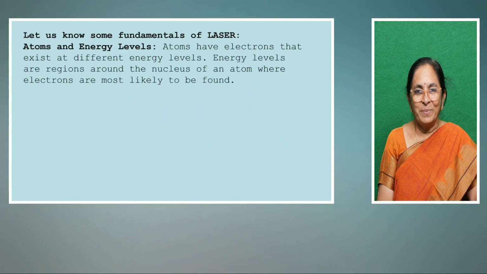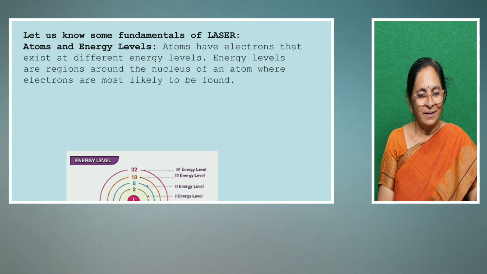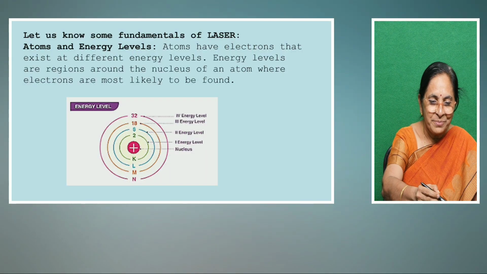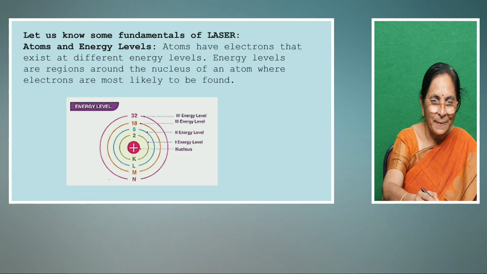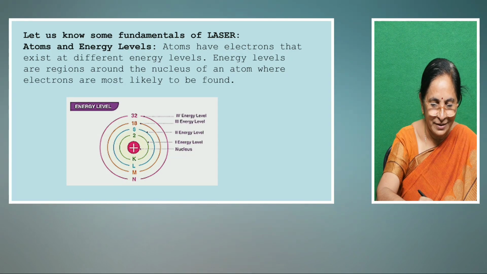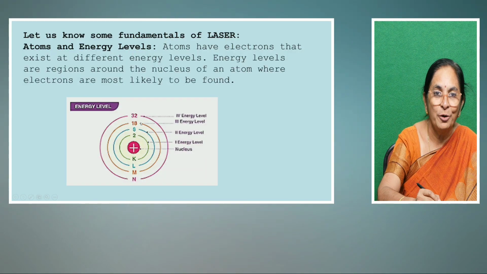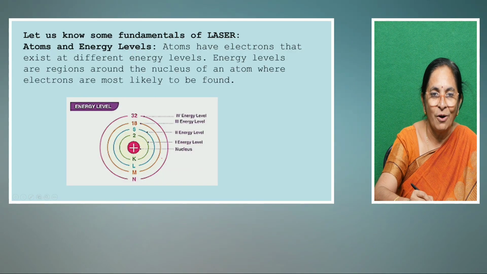All of us know matter is made up of atoms. The structure of the atom can be represented like this. The nucleus is shown here. The circular orbits around the nucleus are called orbits, shells or energy levels.